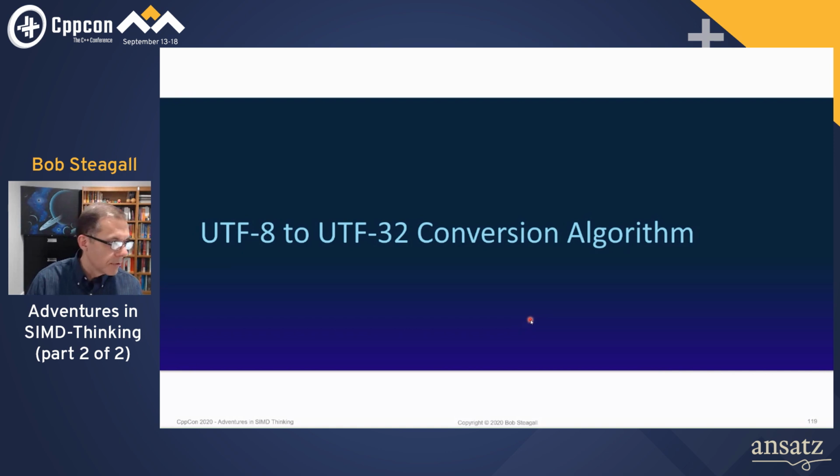Okay, so that's it for small element convolution, or small kernel convolution. Now I'd like to move on to revisit this topic that I've discussed before, the UTF-8 to UTF-32 conversion algorithm. And I've included a fairly extensive portion, although not all of it, from the talk that I gave 2 years ago, because in order to describe the improvements that I made, I felt that it was necessary to include some context, so I wasn't just showing you code that came out of nowhere.